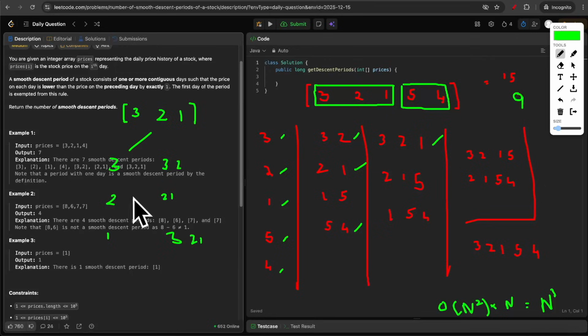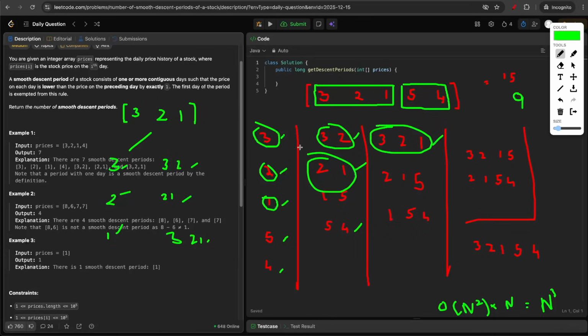So these are all possible subarrays of this 3 to 1 array, and all of them are smooth descending periods. Also, we can see that by this we have covered all these 6 subarrays in our original answer by just taking all possible subarrays of this 3 to 1 block.